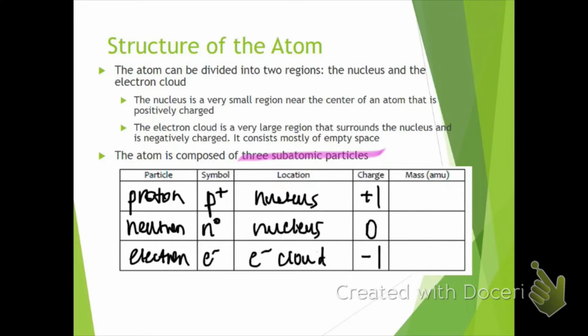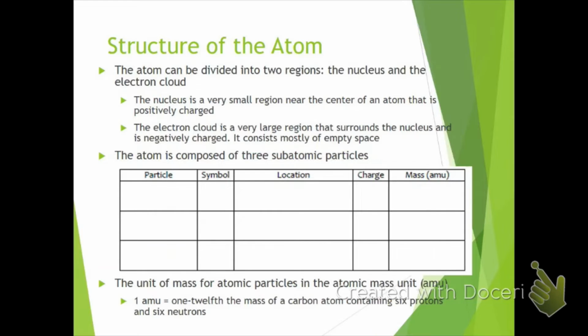We've also said that all the mass of the atom is in the nucleus. So, protons have a mass of about 1 amu. Neutrons are also about 1 amu, where electrons are essentially massless. Their mass is so tiny we consider it negligible and just say that they have 0 mass.